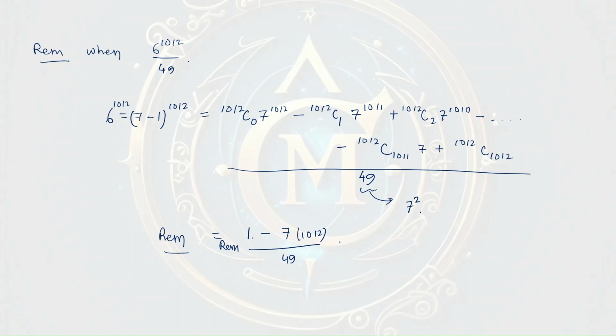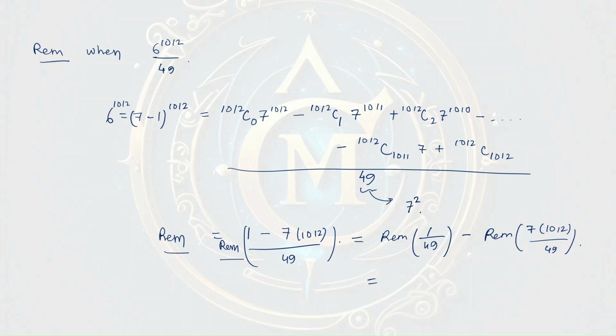So we have to calculate the remainder. Here we will use the property of remainders: remainder of a minus b equals remainder of a minus remainder of b. So this is equal to the remainder when 1 is divided by 49 minus the remainder when 7 into 1012 is divided by 49.